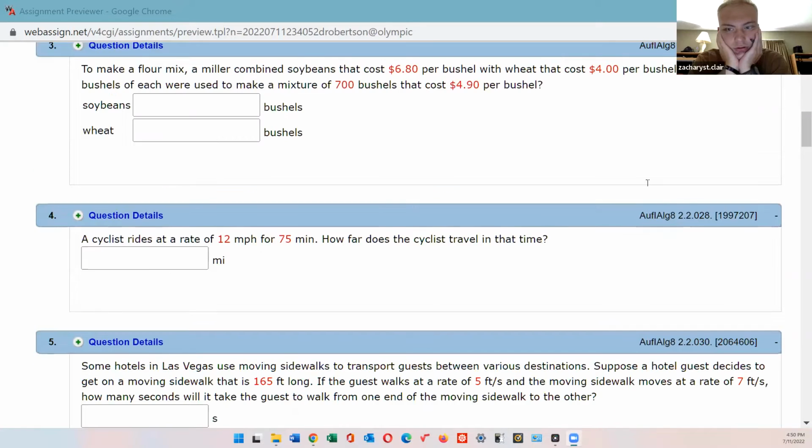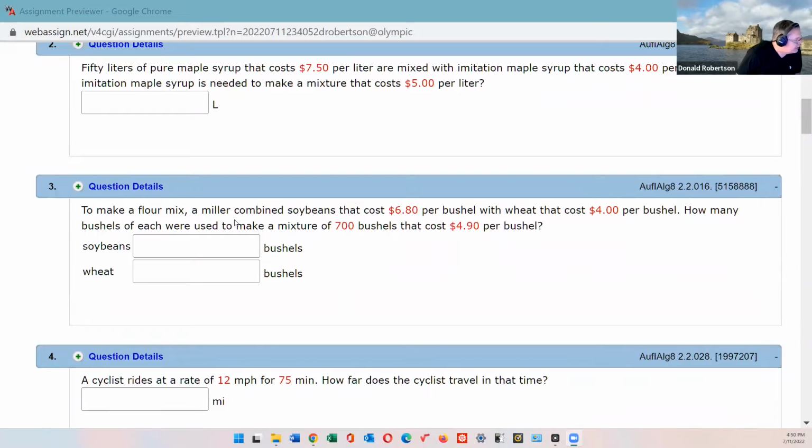Question 3. Okay, so in question 3, it's pretty much the same story that we just did. Now, it's not about coffee, it's about flour and soybeans or something, right? To mix flour, a miller combines soybeans at $6.80 per bushel.